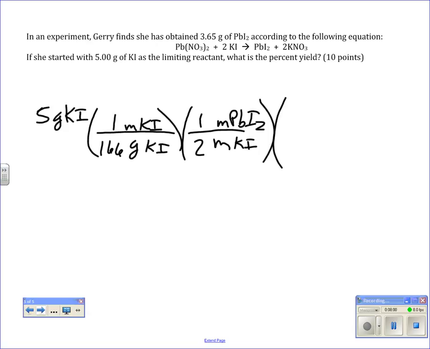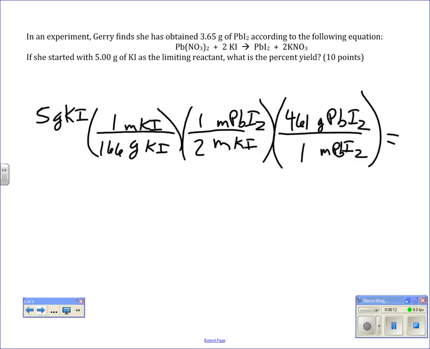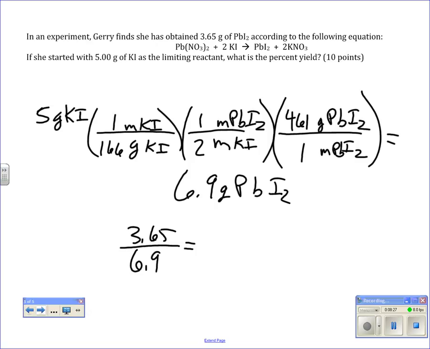And lastly, get rid of my moles of PbI2, go to grams of PbI2. 1 mole is 461 grams. Everything cancels out again, so I should make 6.9 grams of PbI2. According to the problem, I did make 3.65. That's my experimental, divided by my theoretical, which gives me about a 53% yield. Again, percent yield is experimental over theoretical.